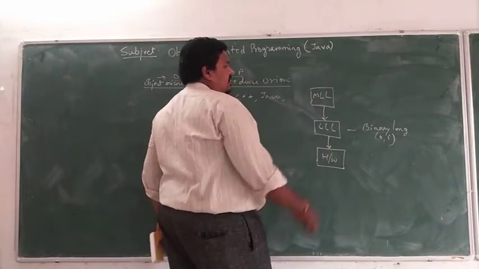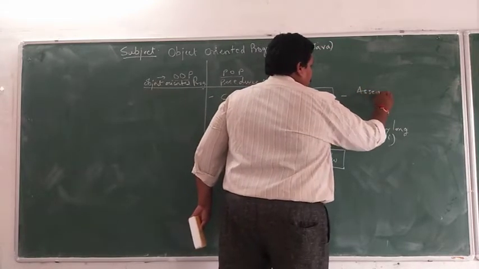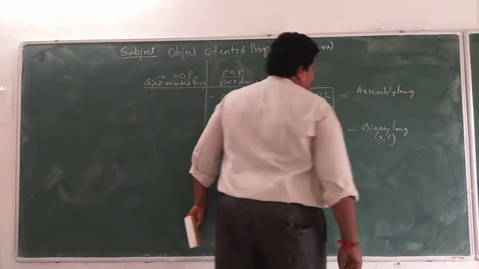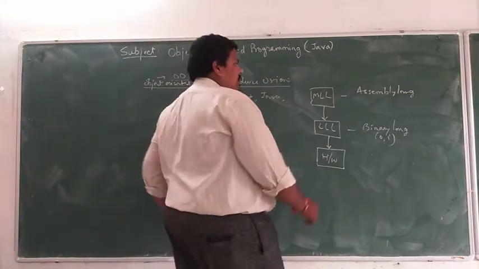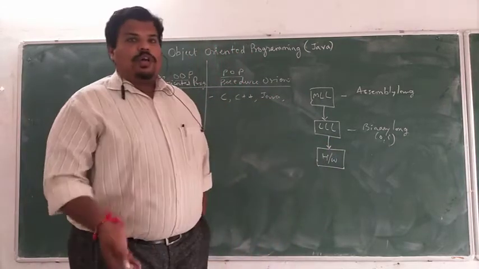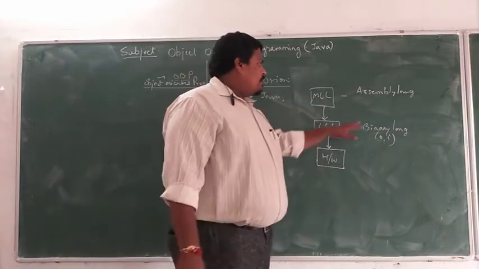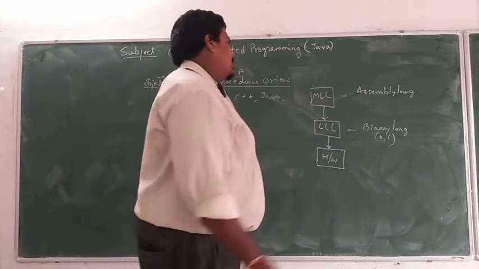Medium level languages consisted of assembly language, where these instructions were modified into some simpler syntaxes, where assembly language programming is now known as machine level language.